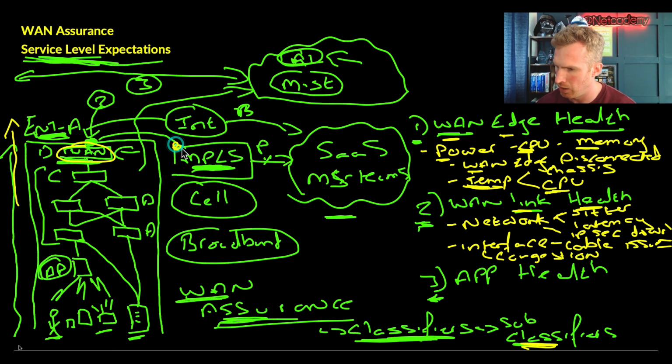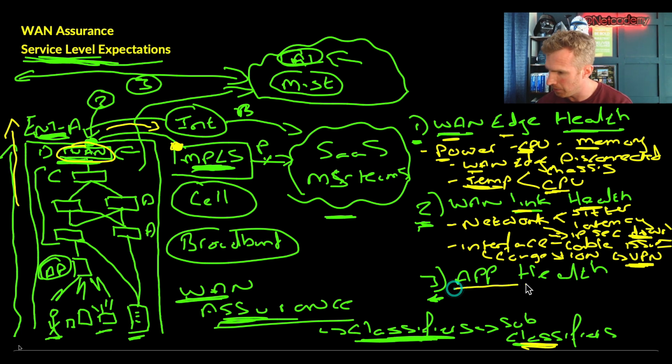So here you'd have some kind of router, and is there any congestion on the uplink to that provider edge router, or customer edge router actually, and VPN. So we're also going to see the interface health of that VPN tunnel as well. Here we're looking at the IPsec tunnel: is it up or has it gone down? And here we're looking at whether the VPN tunnel is actually established.